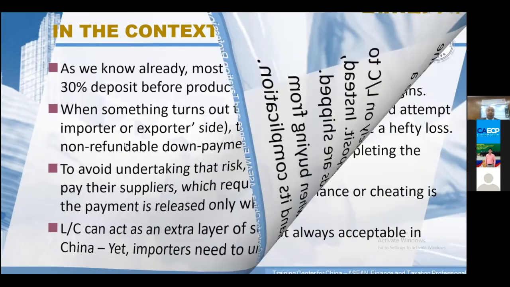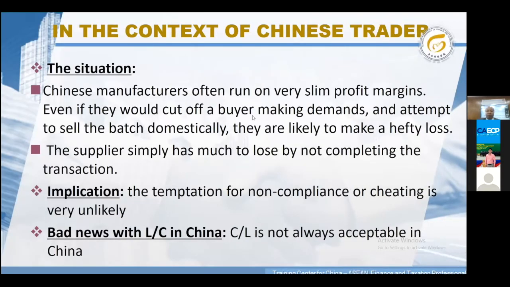So the situation I already told you somehow is that buyers are making demands and attempt to sell the bus, even though they are selling the bus domestically. This is something that we need to know.